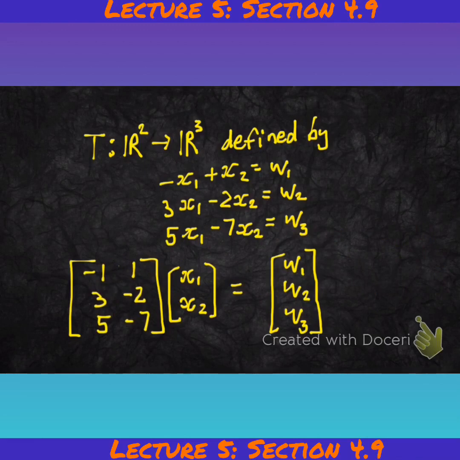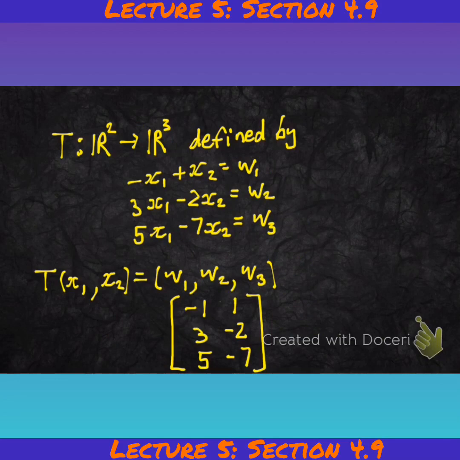You can clearly see that if you multiply those matrices out, you get W1, W2 as well, and W3. So the standard matrix for this transformation is the matrix A.